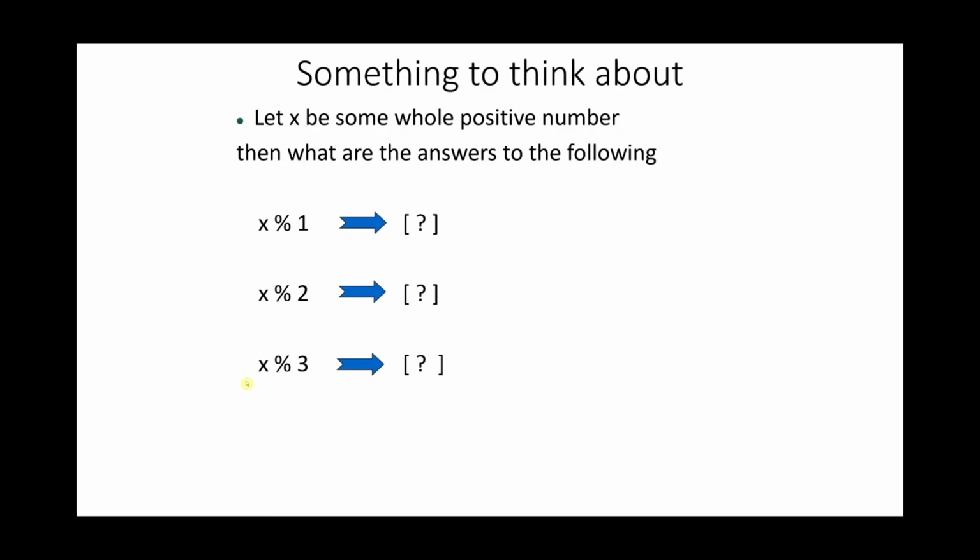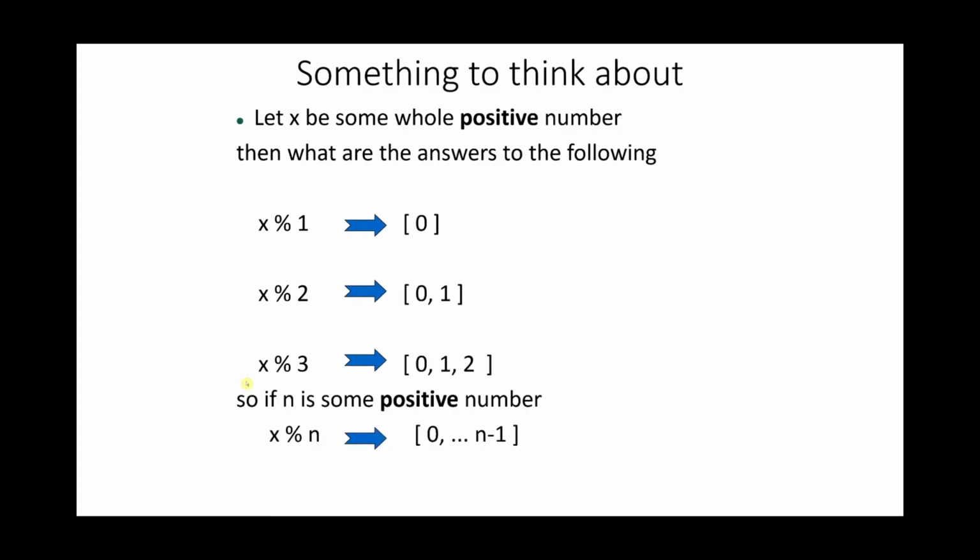X mod 3 gives you either 0, 1, or 2. Now, as a rule, if x and n are positive numbers, x mod n gives you any number in the range 0 to n minus 1.